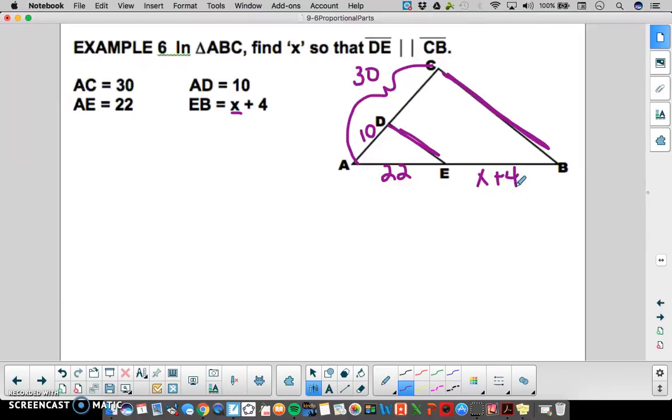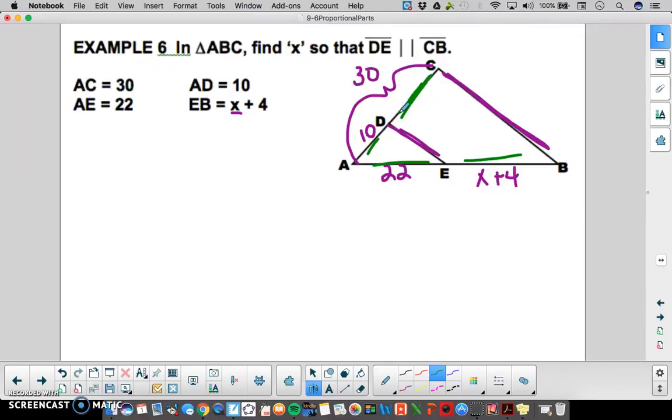So I'm going to set up a proportion for the parts that's going to help me solve this. So I could relate piece to piece. So CD to DA and AE to EB. Now what I would have to do first, though, is solve for CD. I don't have that piece. I wasn't given it.